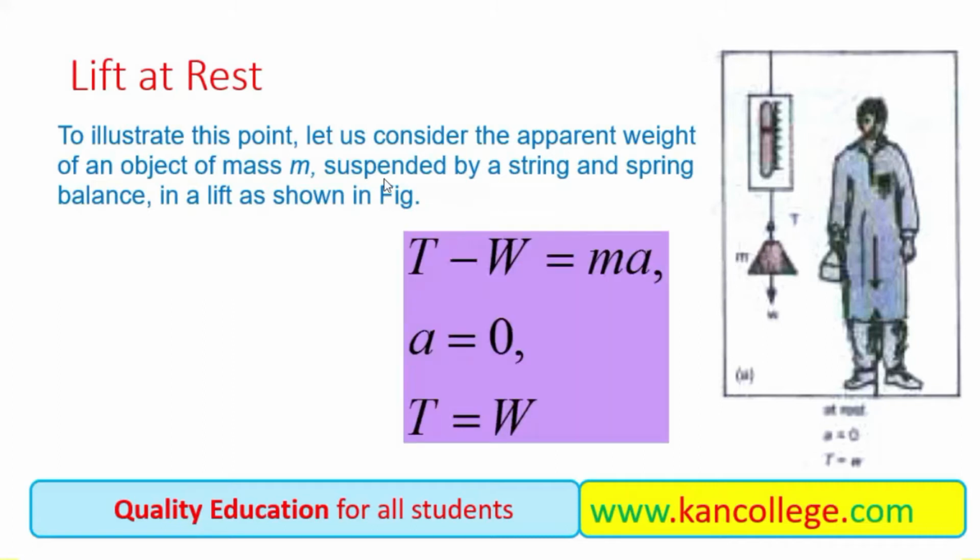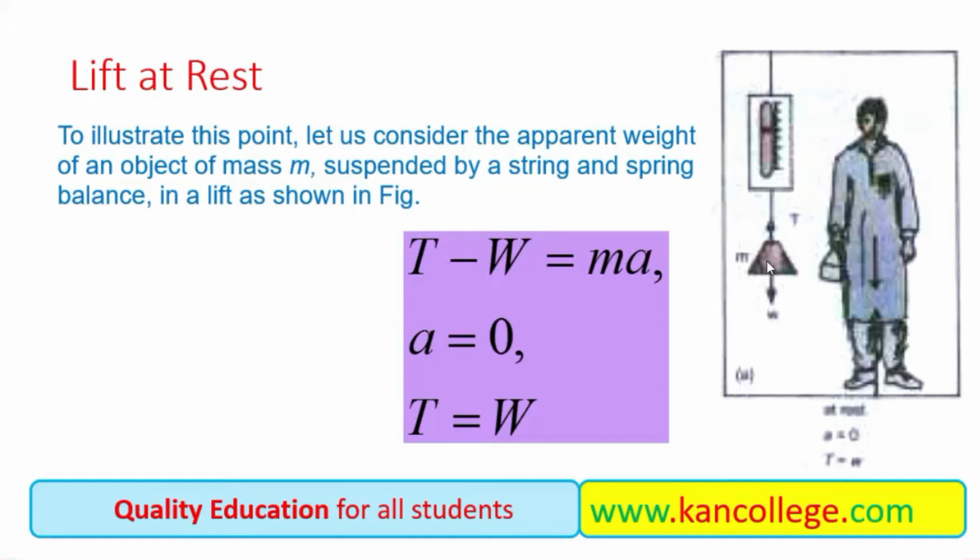In this state of rest, you can see that the tension in the string, which is the force acting in the upward direction, and the weight, which is the force acting downward, that is actually the pull of the earth on the mass.